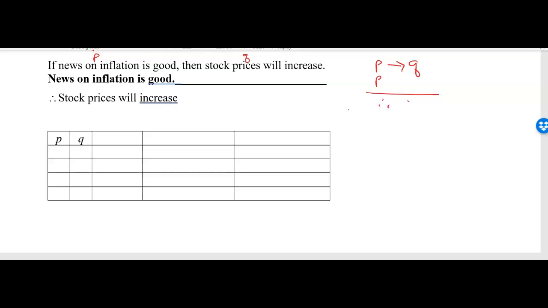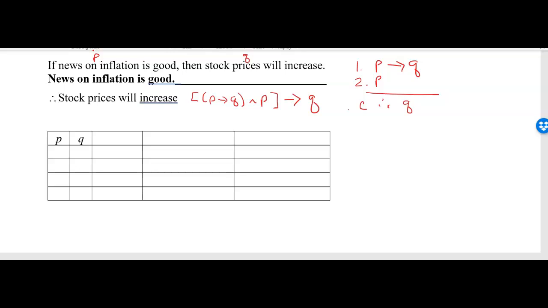Well, that was our Q. Okay, now let's put this together. I'll just do it right here. Remember, we put the premises together. So this is if P, then Q, and P, right? Because this is premise 1, this is premise 2, and then our conclusion, which is Q. So if premise 1 and premise 2, then Q.